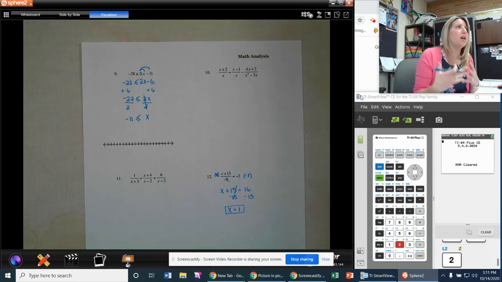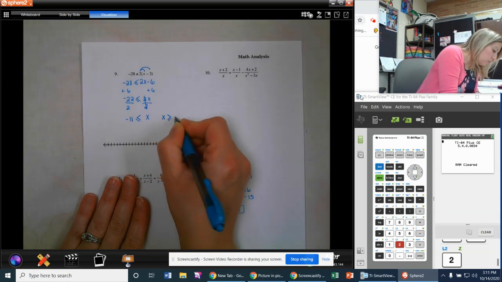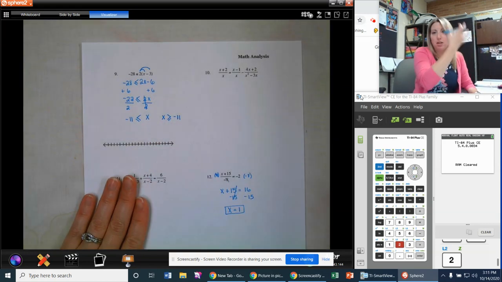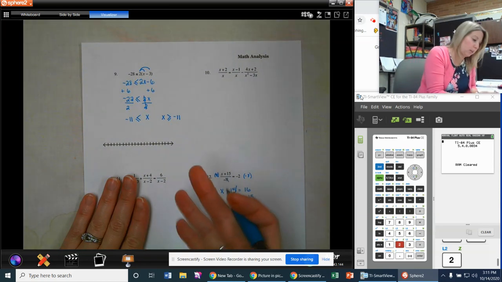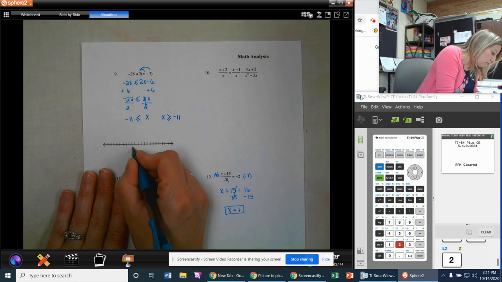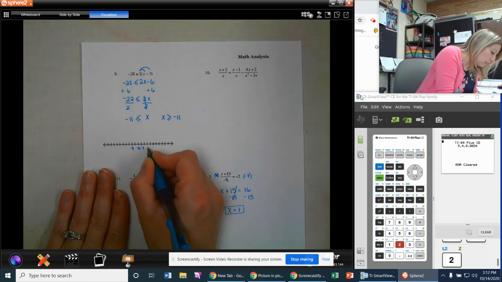It just doesn't equate well for me putting it on the number line. So I flip it around. X is greater than or equal to negative 11. Now see, to me, mentally, that makes more sense putting my solution set on my number line. So negative 11 is my number in question, and I'm just going to put a couple of numbers on each side.